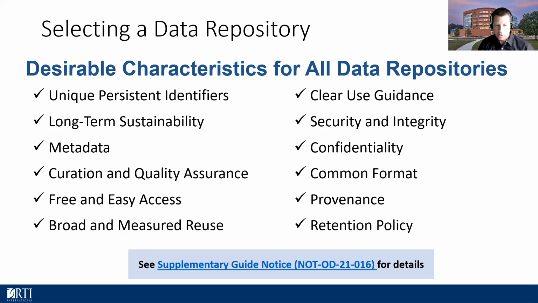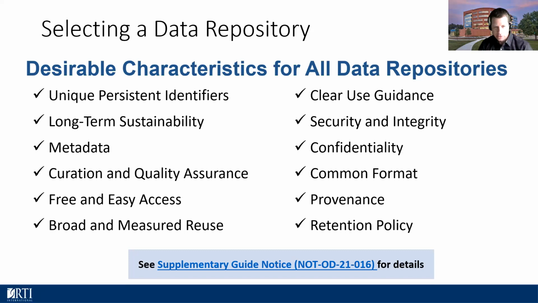All right. So here are a number of characteristics of repositories that the NIH has established that should be evaluated in determining the appropriate repository for the scientific data. Including the ability to store the data long-term, to house rich metadata that's associated with the scientific data, which we'll be discussing further in our webinar 3, which we encourage you to attend as the next webinar in the series.